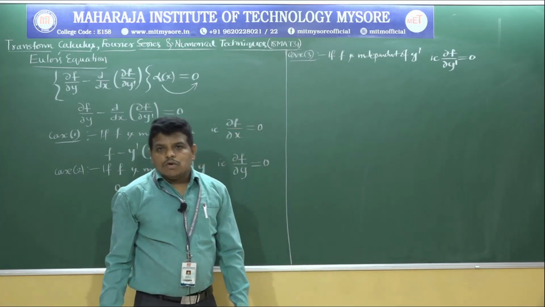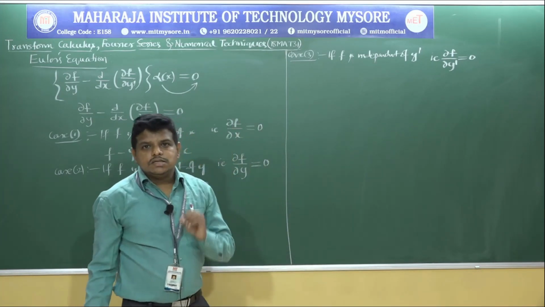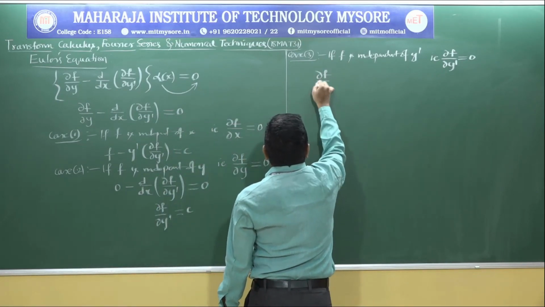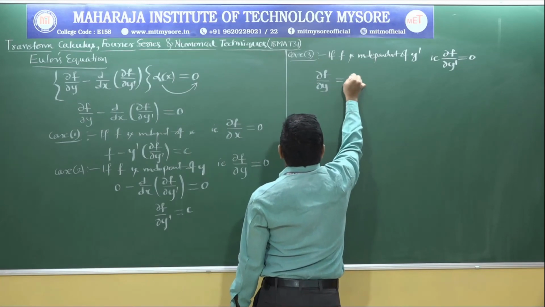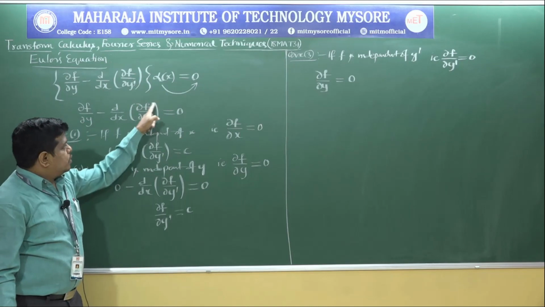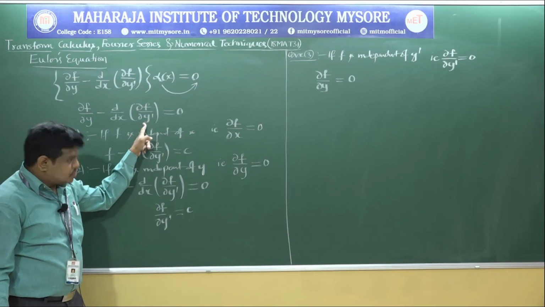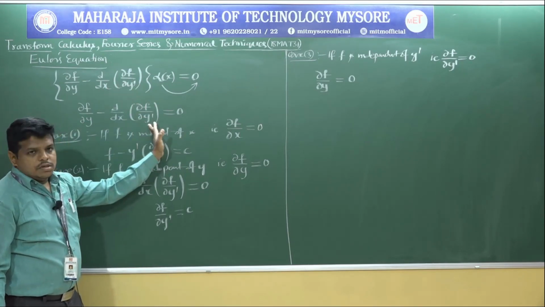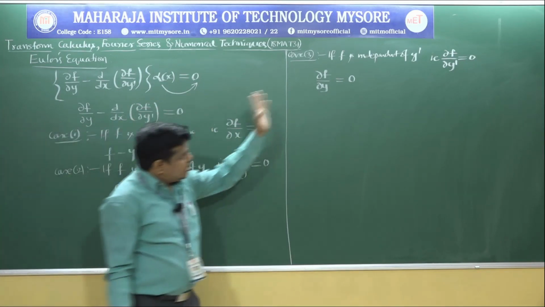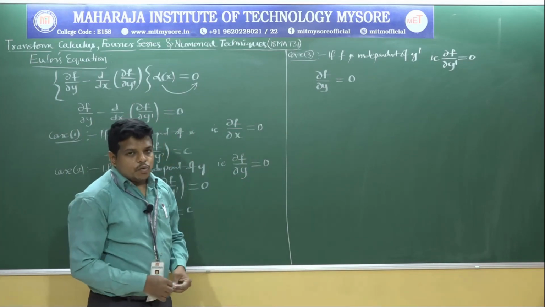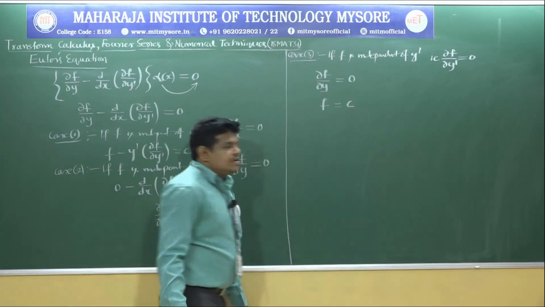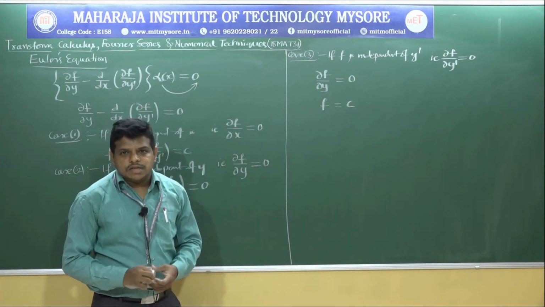Then the solution of Euler's equation is given by ∂f/∂y equals 0. Just observe the Euler equation, ∂f/∂y dash becomes 0, then this term goes. Next you remain with ∂f/∂y equals 0. On integrating both sides with respect to y, we get f equals c, where c is the integration constant.